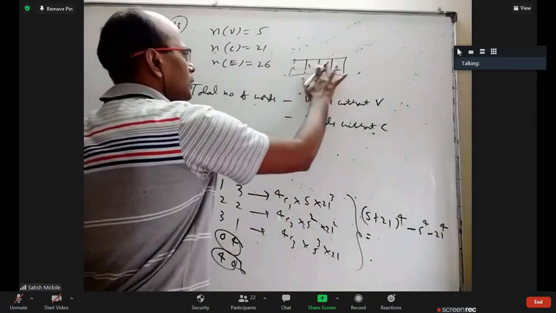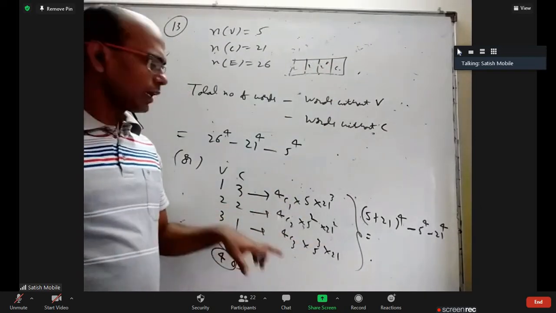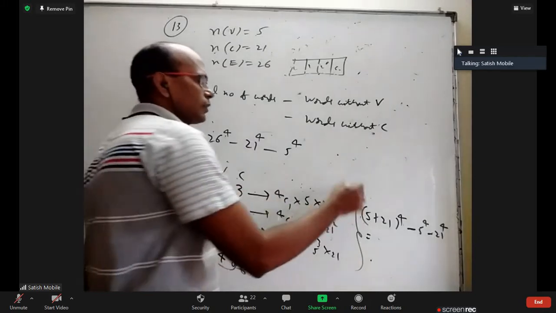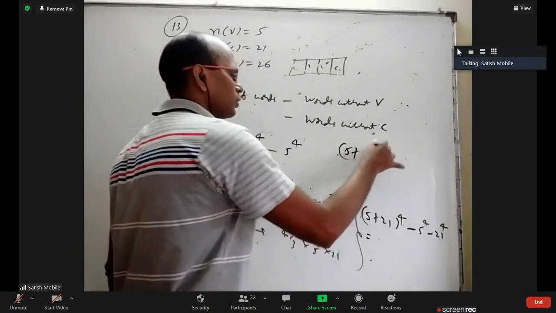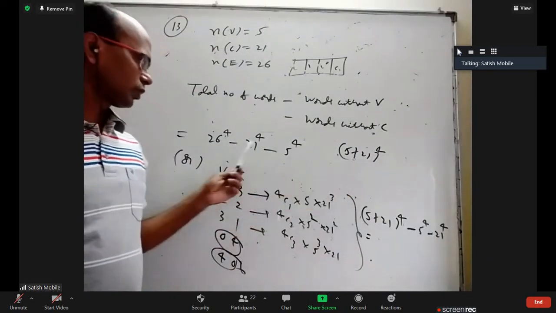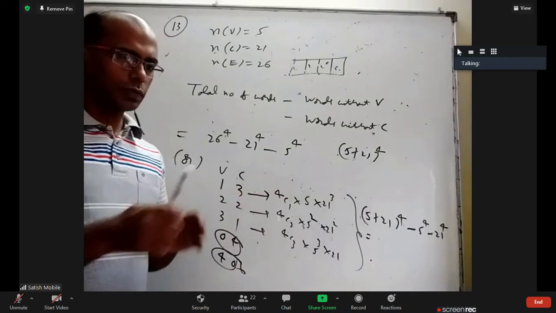Now either you can find this. I just want to show how these two are equal. If you use the binomial theorem to expand 5 plus 21 whole power 4, what will come? 5 power 4 and 21 power 4 are the first term and last term. A total of 5 terms will come.